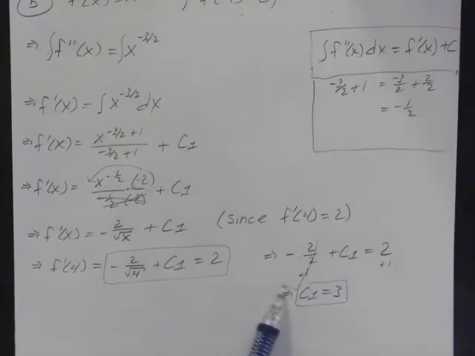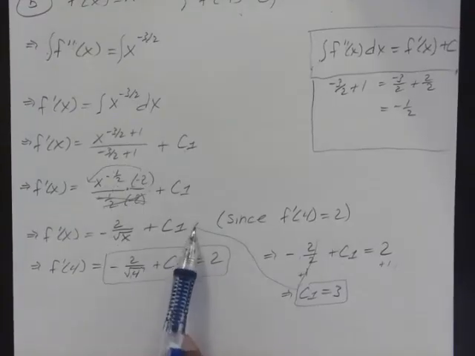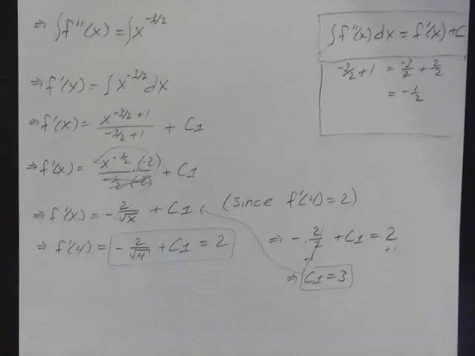So we get that and plug it right into our function. So f prime of x is equal to -2 divided by the square root of x plus 3.